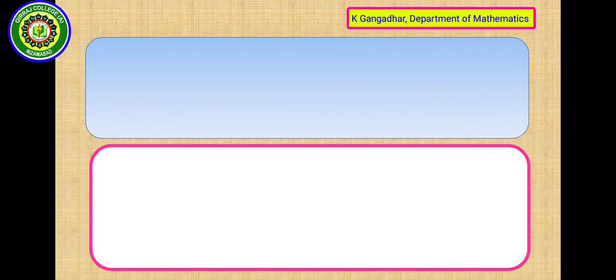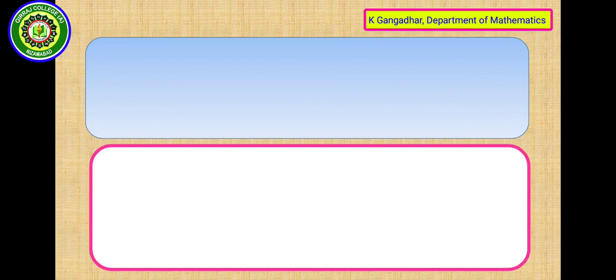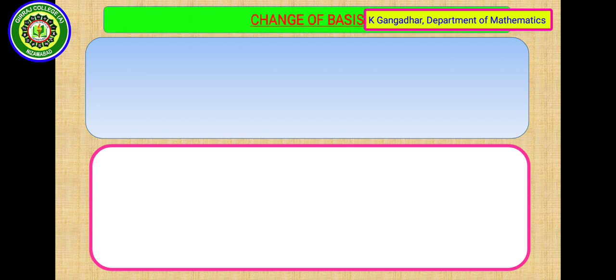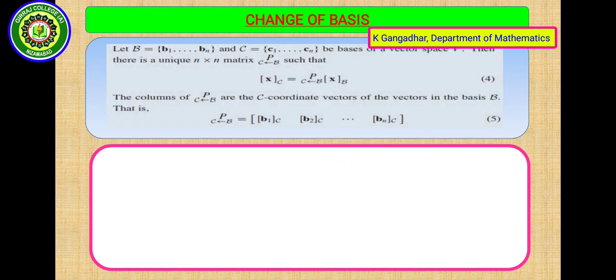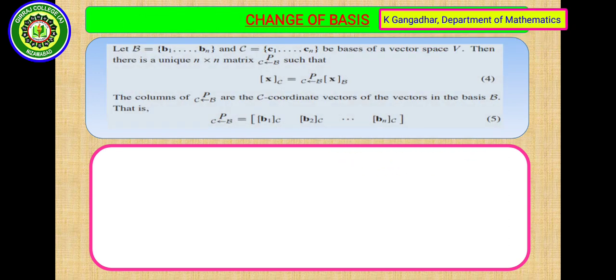So now the next topic is change of basis. The definition of change of basis is: let B equal to {b1, b2, ..., bn} and C equal to {c1, c2, ..., cn} be bases of the vector space.